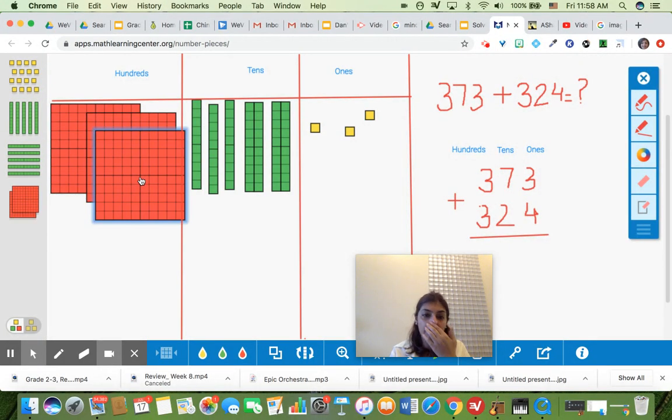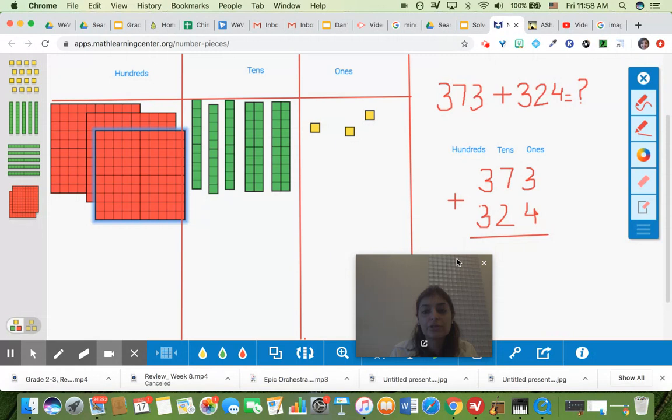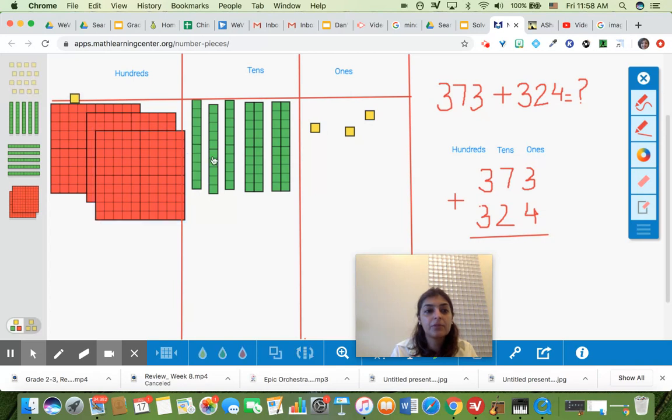Now let's look at the other 3-digit number. Our other number, we need 4 ones. 1, 2, 3, 4. So now we have 4 ones.